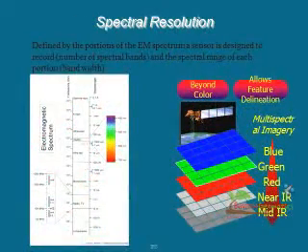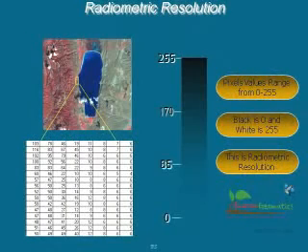Spectral resolution, defined by the portions of the EM spectrum the sensor is designed to record, the number of spectral bands and the spectral range of the bandwidth. Radiometric resolution, the number of gray levels that can be differentiated by a sensor.